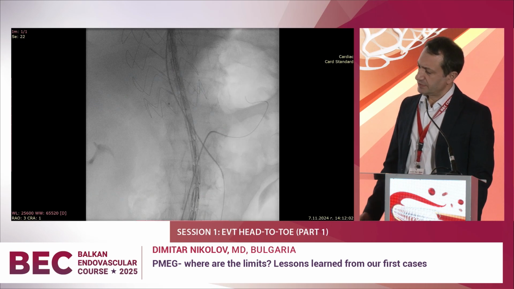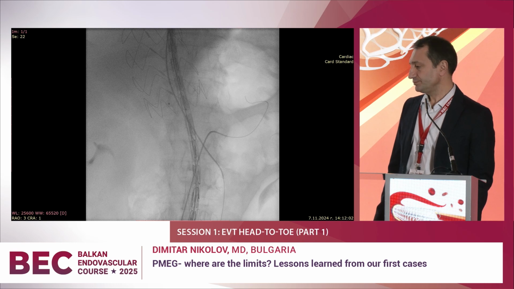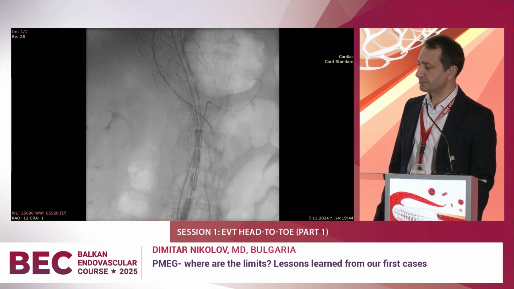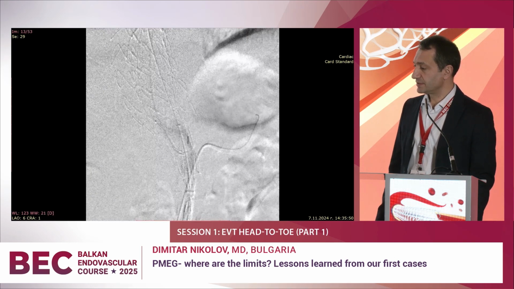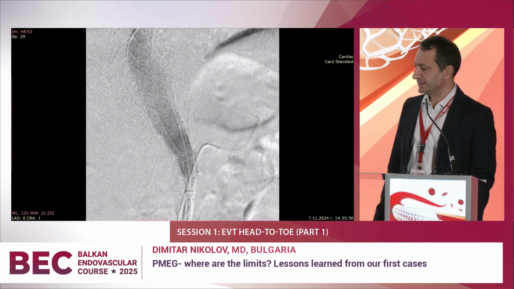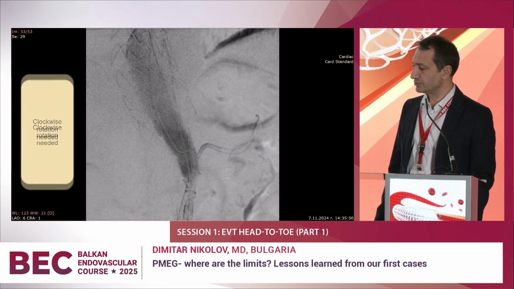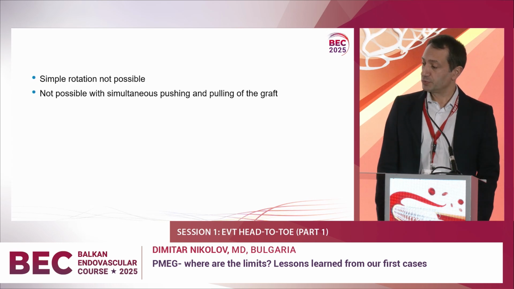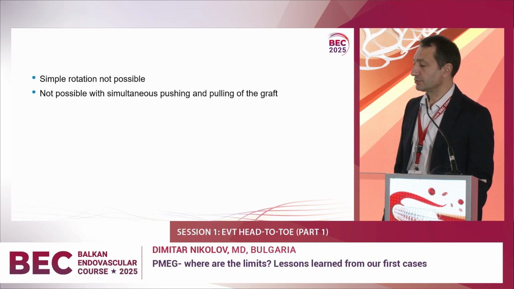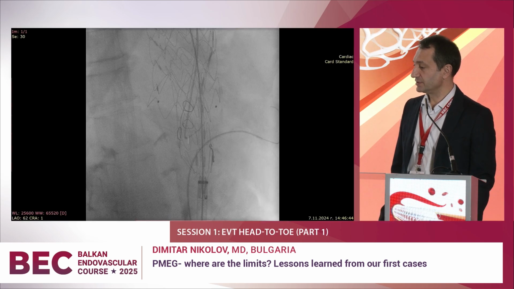You can see now the graft is in good position, but after partial deployment, we found that there is some rotation, and in fact the position is not so good. We had to do some clockwise rotation, but it was absolutely not possible. We tried pushing and pulling to rotate the graft, and also didn't succeed.